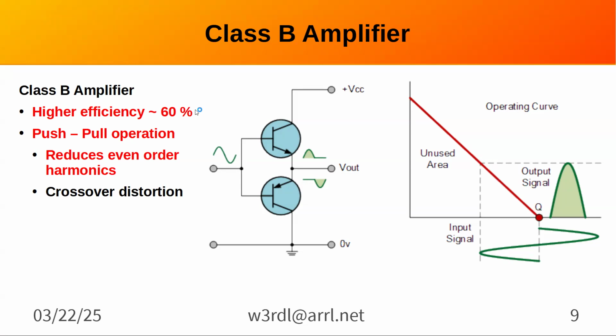Because with zero signal, neither one is conducting. The top one is only on during the positive half of the cycle, and it's at cutoff when you get zero signal. And then when you go negative, you turn the other one on. That's why they call it push-pull.